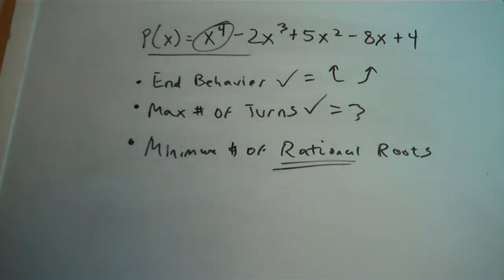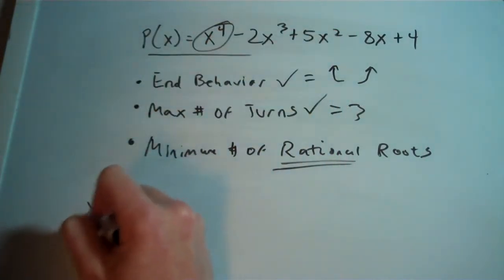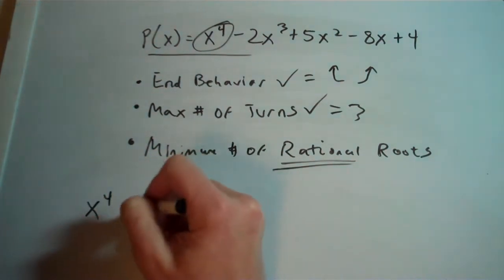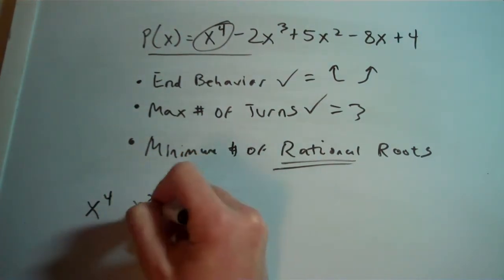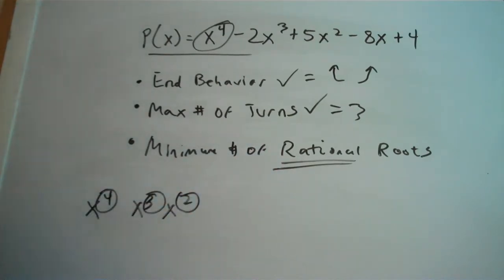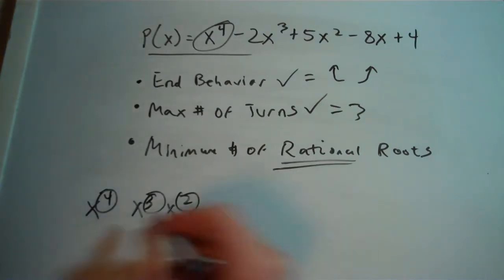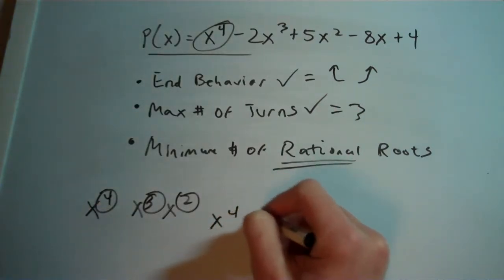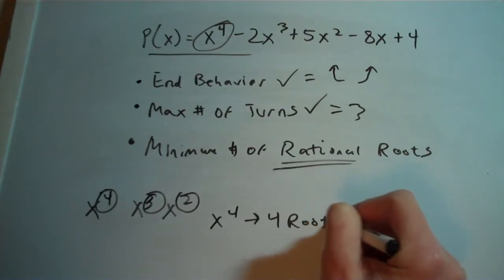Next is the minimum number of rational roots. If we look at x to the fourth, or x to the third or x to the second, this is just going to tell us how many roots we have. So x to the fourth, we're going to have 4 roots.